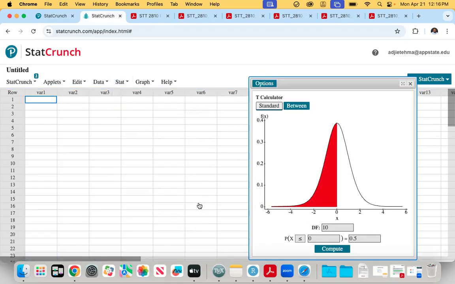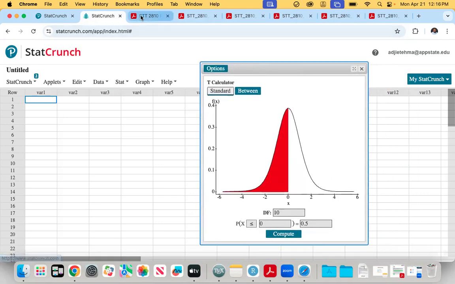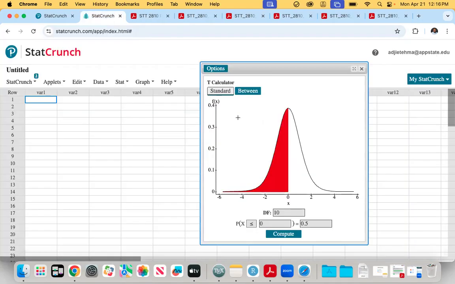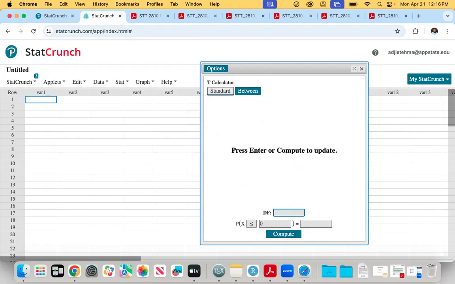Is that okay? Let's input our degrees of freedom. When we look at this, the degree of freedom is 24. So I put in 24.